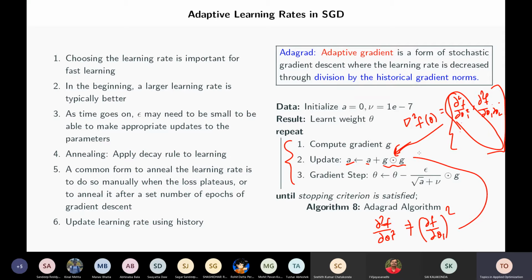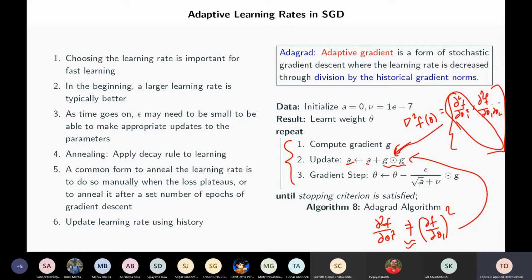What we are really computing here is this kind of term. So it's an approximation of the second order terms, because second order terms capture more information, and that too is not the proper Hessian, but just the diagonal term.